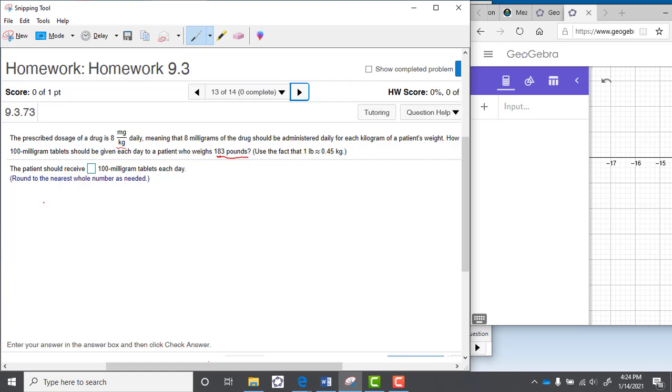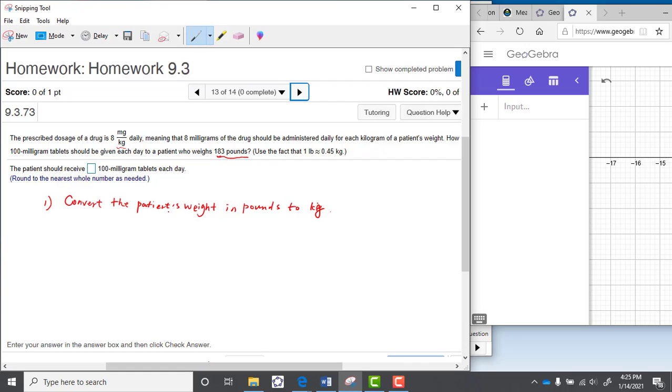So the first step is we need to convert the patient's weight in pounds to kilograms, so kg.